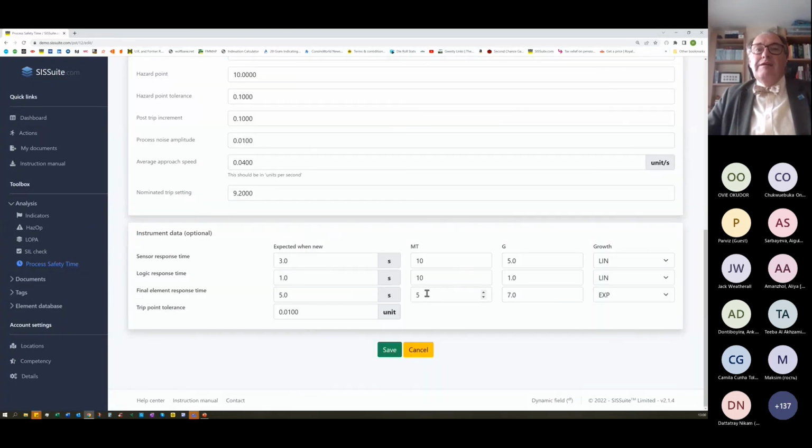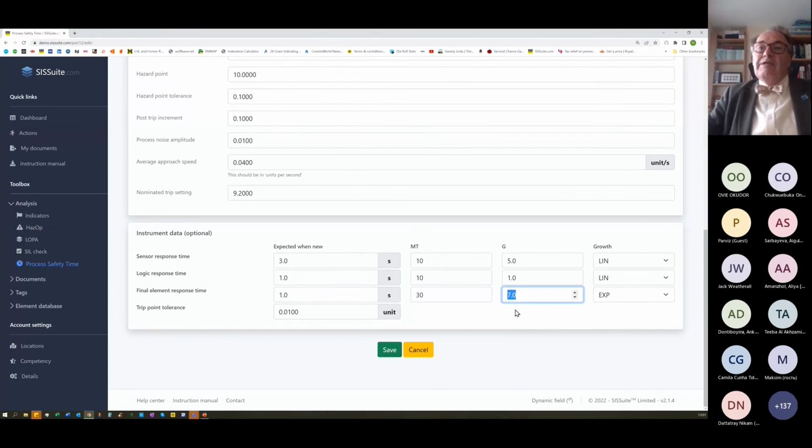Imagine this was not a valve, but a contactor. We're opening a contactor to stop a drive, and then it might only be 1 second is the expectation when new, but we might now have a mission time of 30 years for this contactor or breaker.